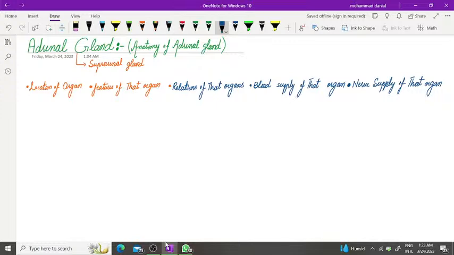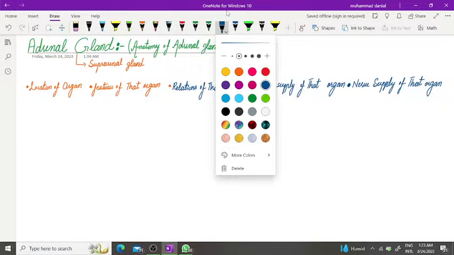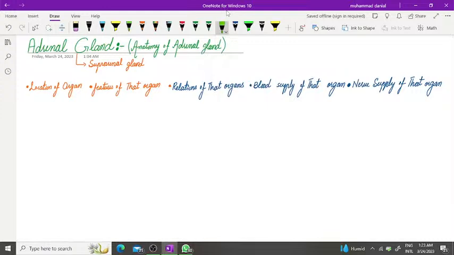First I will be discussing the location of the adrenal gland. I will discuss these headings one by one: first heading, second heading, third heading, fourth heading, fifth heading.